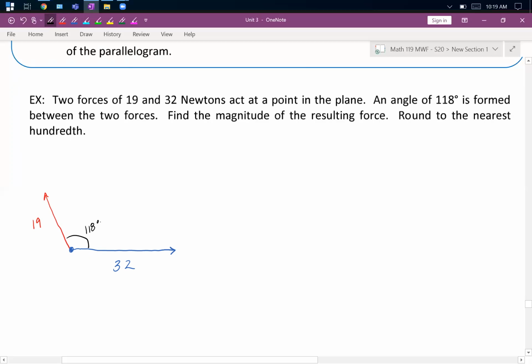Now we're ready to create our parallelogram. That's four sides, opposites equal in length and parallel to each other. And our resultant vector is then going to be the diagonal of this parallelogram.